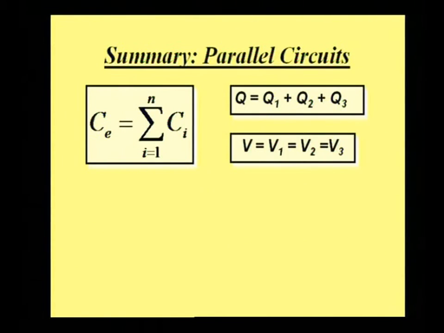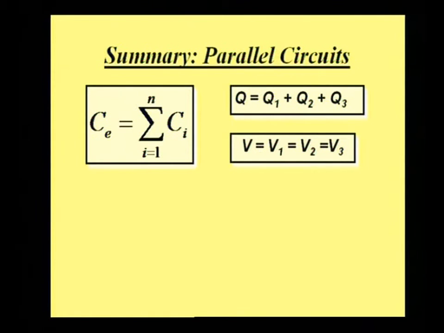This is the summary for parallel capacitors. You have to go through some of the parameters or equations. Ce equals the sum from i equals 1 to n of Ci is the equation for finding the capacitance in parallel.